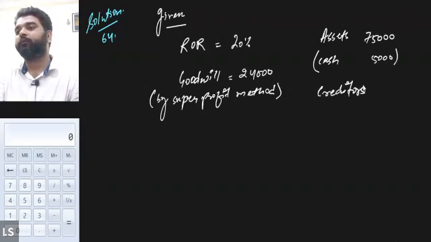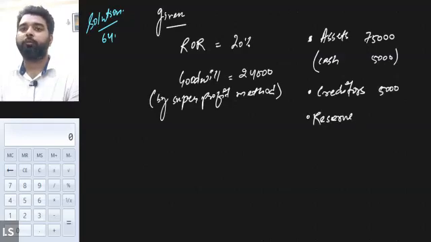Creditors are also given, which is 5,000. Then we have the information about the reserves of the business. Amount of reserve is 10,000. All these things are given in the question.